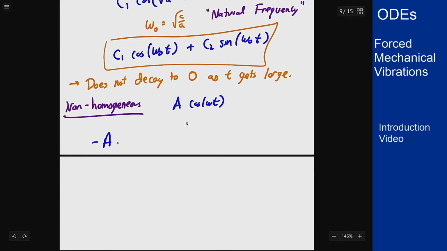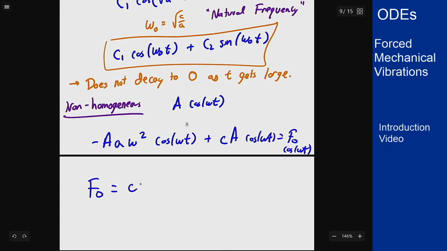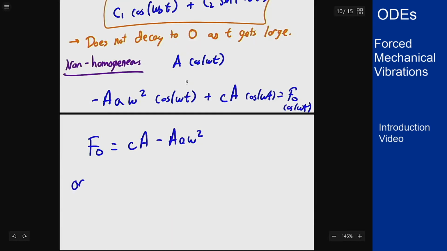And we'll basically see that we want negative a times ω² A cosine of ωt plus c times A cosine of ωt equals F0 cosine of ωt, which means I need that F0 equals cA minus aω²A. Solving for big A, it should be F0 divided by c minus aω².